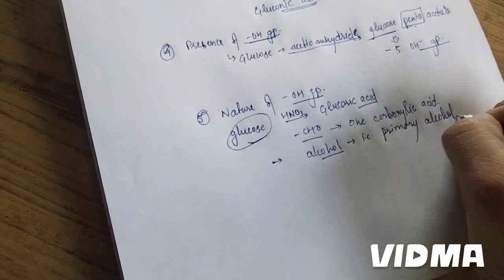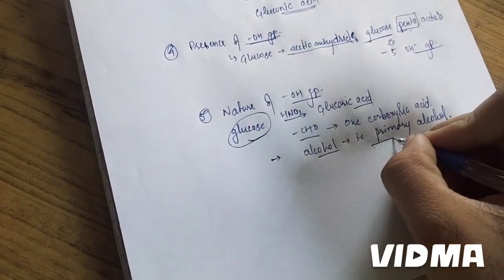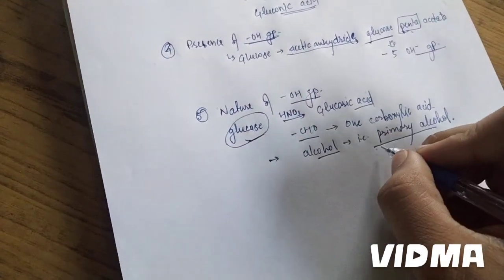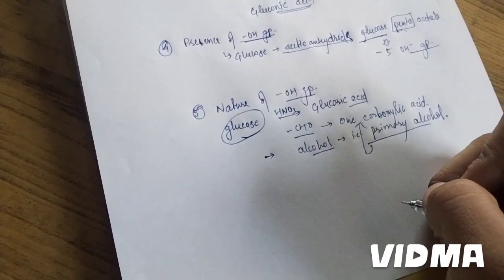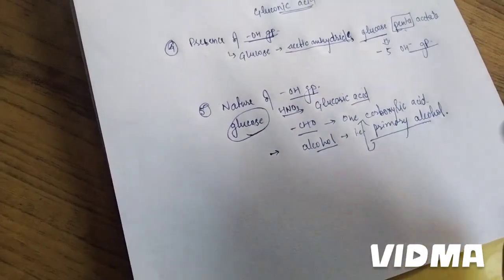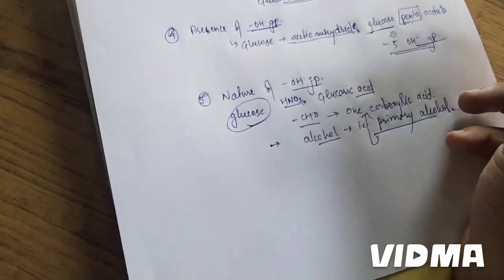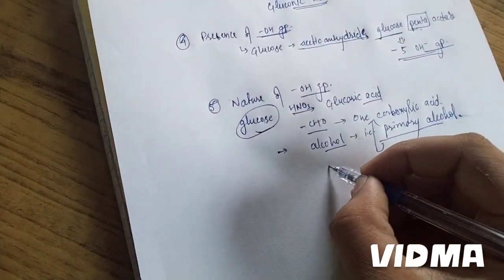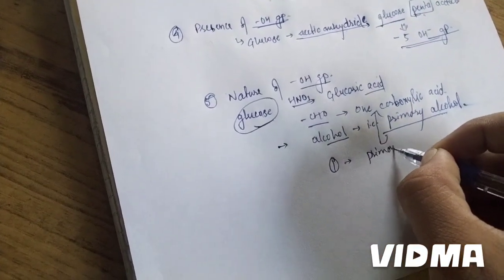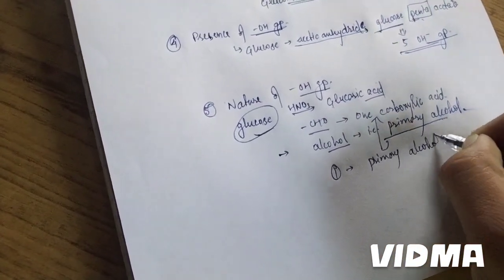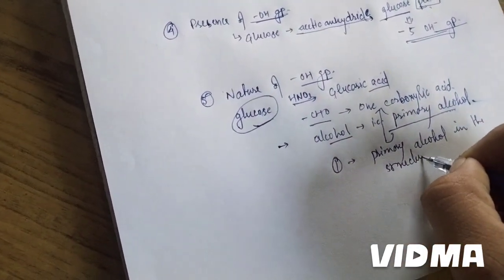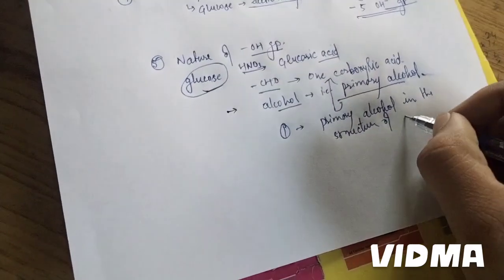Due to the primary alcohol we get another carboxylic acid. So this confirms that out of the 5 OH groups which we have confirmed earlier, there is a presence of one primary alcohol in the structure of glucose.